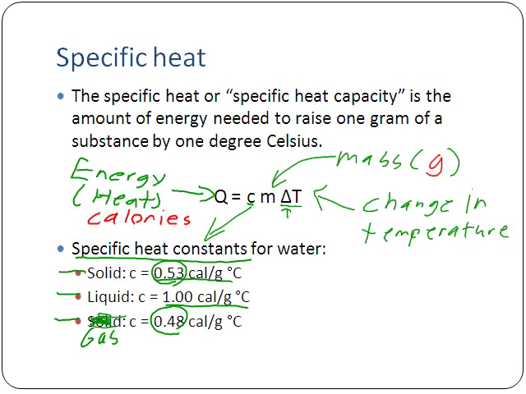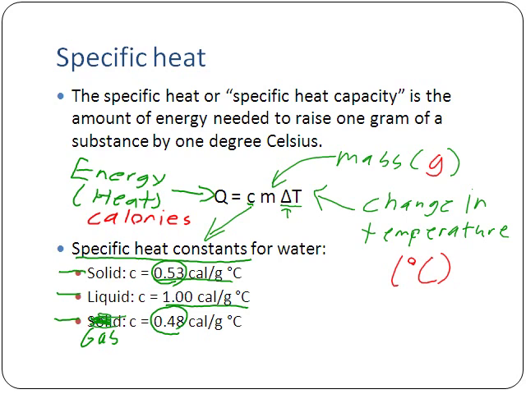And the unit that this is going to be in, as we talked about before with temperature, is degrees Celsius. And so these are the four parts of your specific heat calculation: Q equals C m delta T, where Q is energy or heat measured in calories, C is the specific heat constant, M is the mass in grams, and delta T is the change in temperature in degrees Celsius.